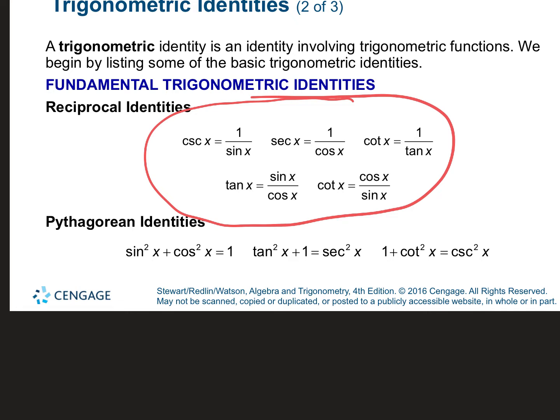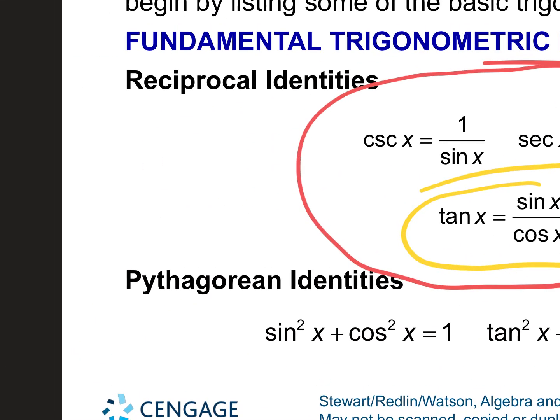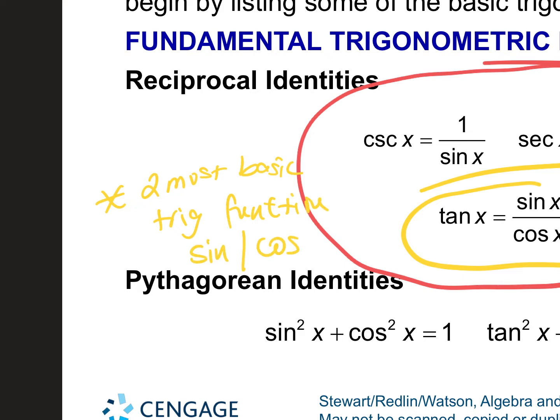These two right here, you're going to use a whole bunch, because as we're simplifying, guys, what we need to remember is that the two most basic trig functions are sine and cosine. I'm going to say that 100 times.